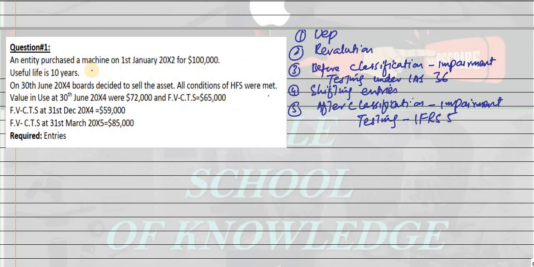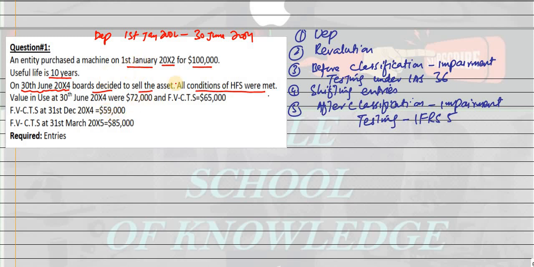The entity purchased a machine on 1st January 2002 for $100, and the useful life is 10 years. Now on 30th June 2004, the board decided to sell the asset, or the held for sale condition was met. It means that we have to do depreciation from 1st January 2002 till 30th June 2004.